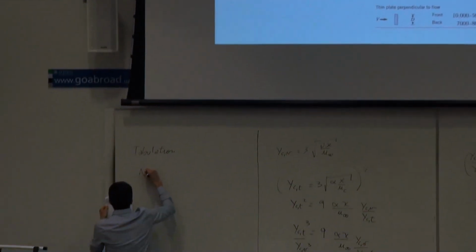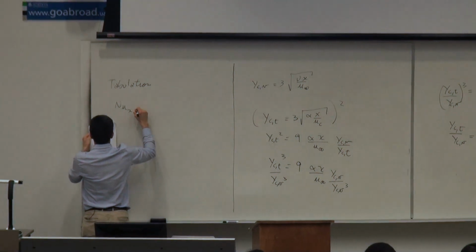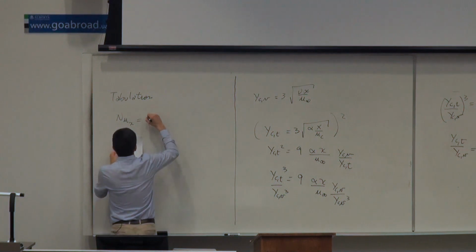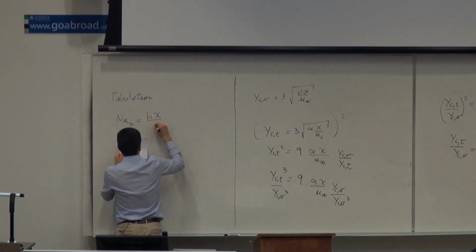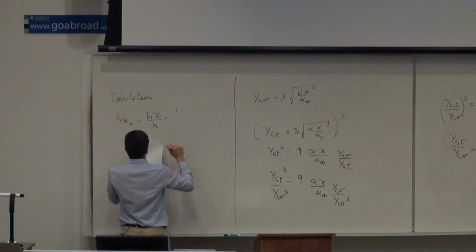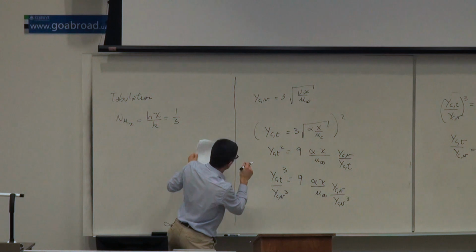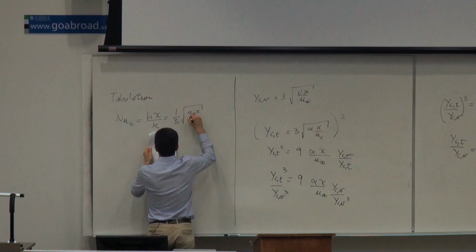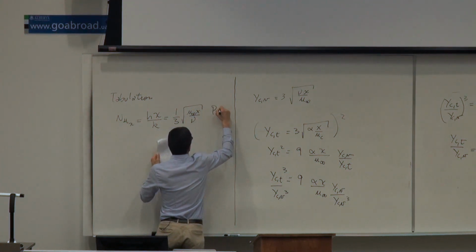is Nusselt, in this case would be Nusselt of X, and is this local or average? Local, thank you. Is Hx over K. So is H, I have it, over K, this K goes away, and the X comes on top, and I'm going to have this 1/3 square root of U infinity X over nu, Prandtl to the 1/3.